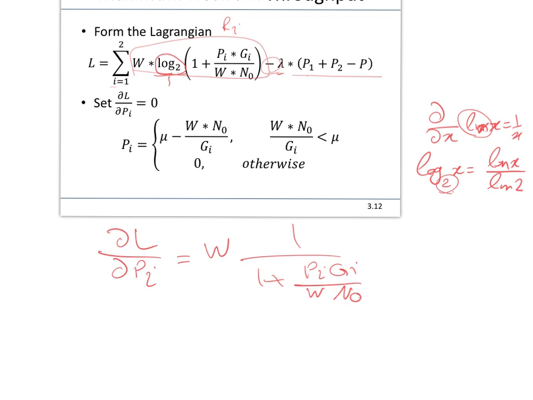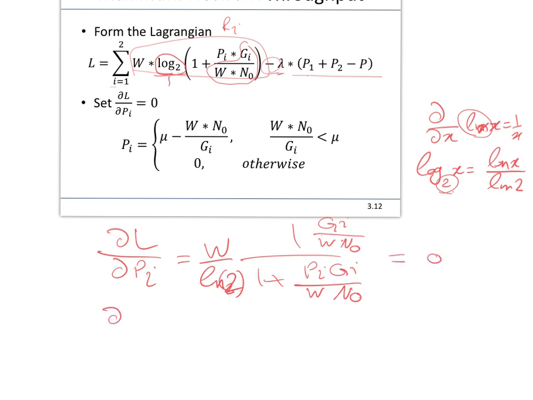So this is 1 over x, and then you multiply by the derivative inside the function, which is Gi divided by W n0. Okay? I may make mistakes, so be careful, and check after me. Of course, here there is ln 2, which is fixed, it's a constant. And this is equal to 0.